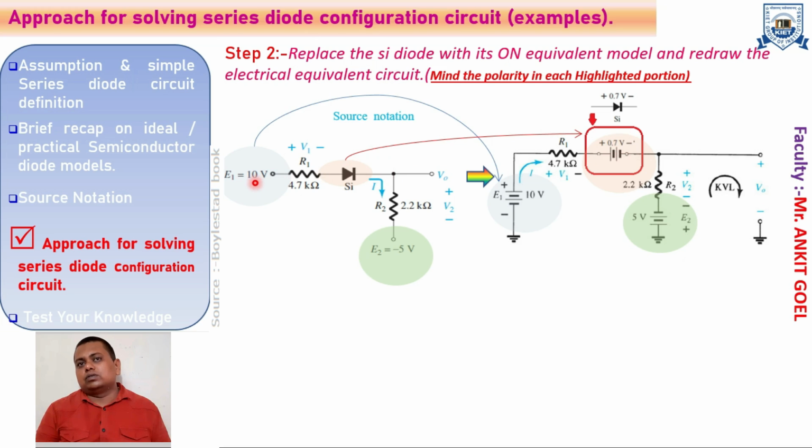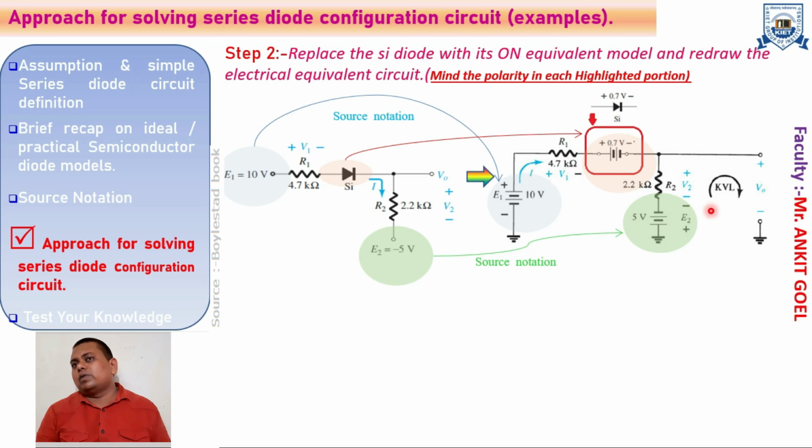We have the plus 10 volt battery, with the positive terminal connected to the resistance R1 and the negative terminal connected to the ground, as per the source notation. And we have another source, E2 equals minus 5 volt, in which the negative terminal is connected to the resistance R2 and the positive terminal is connected to the ground. So this is the equivalent circuit.